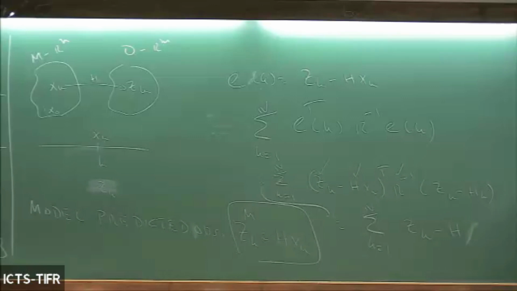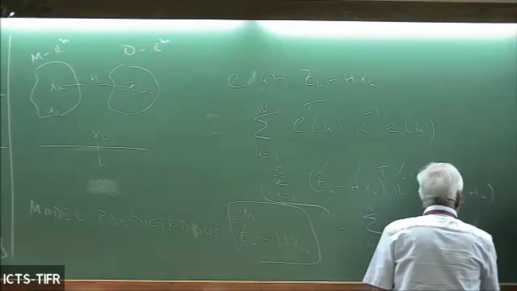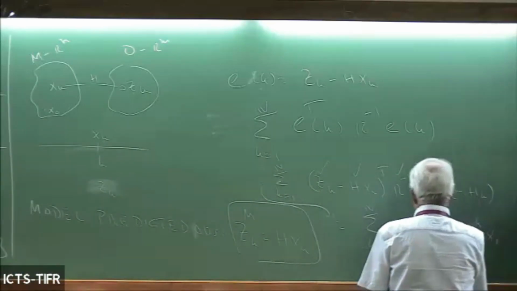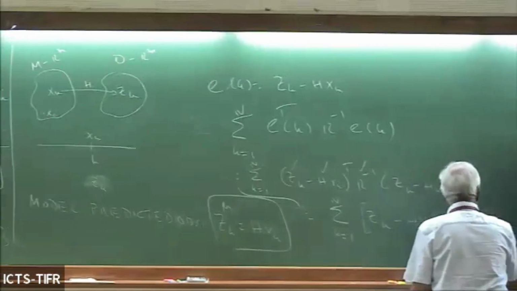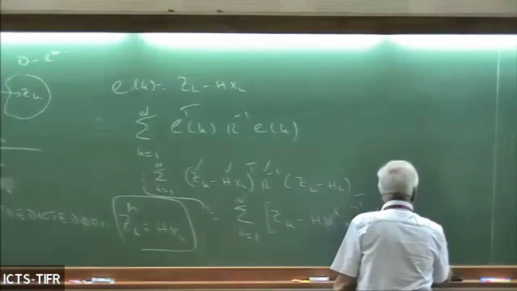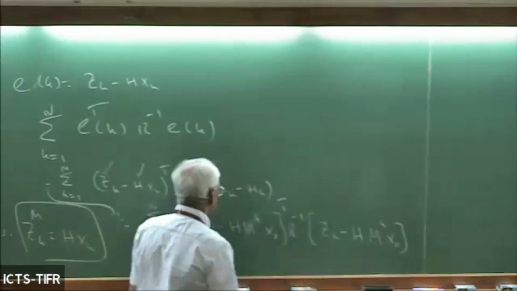So you have to do an easy problem first, get a handle, and then go for the more challenging problems. All of you? So this is going to be Z_k minus h of M to the power k x_0, transpose, R inverse, Z_k minus h of M to the power k x_0.